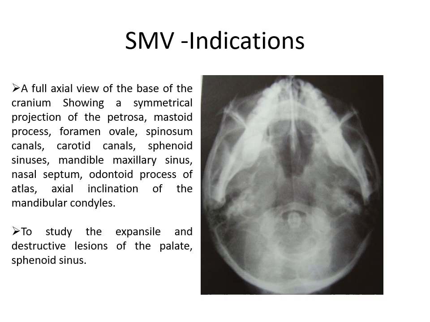It's a little bit difficult for the patient to take this view. It gives the full axial view of the base of the cranium, showing a symmetrical projection of the petrosals, mastoid process, foramen ovale, foramen spinosum, carotid canals, sphenoid sinuses, mandible, maxillary sinus, nasal septum, odontoid process of the atlas, and axial inclination of the mandibular canals.